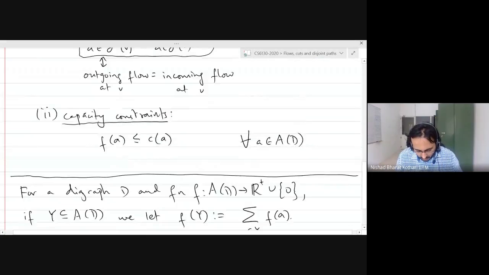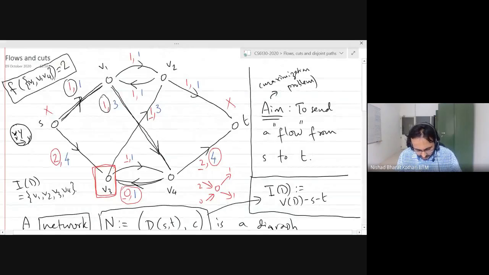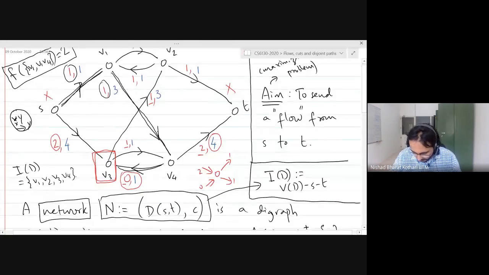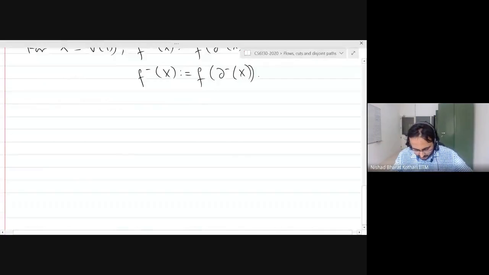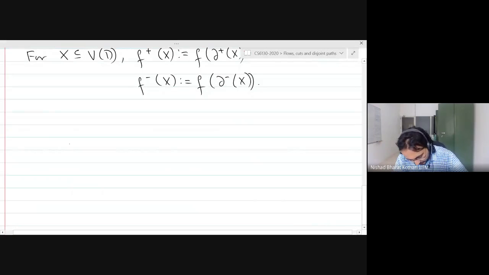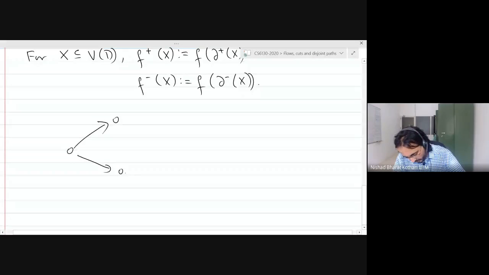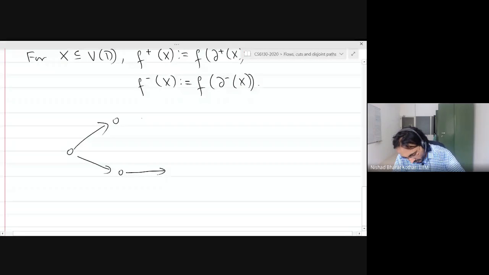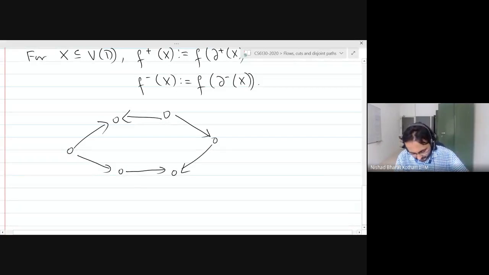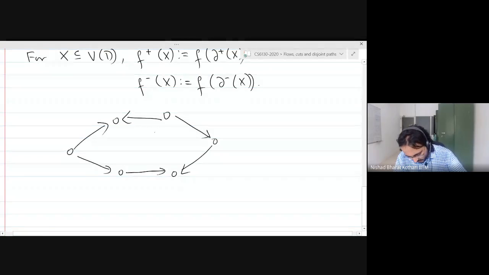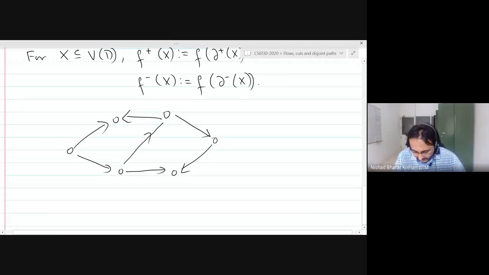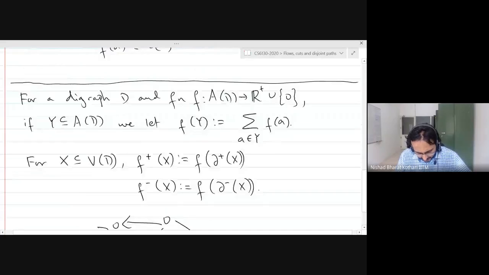Okay, so I'm going to look at the same example. Well, it's a mess actually. Let me redraw the thing. Let me make a small example. Okay, just some simple example like this. Maybe I'll put one more arc. Okay, and this time, notice that I just need a digraph and I just need a function, right?